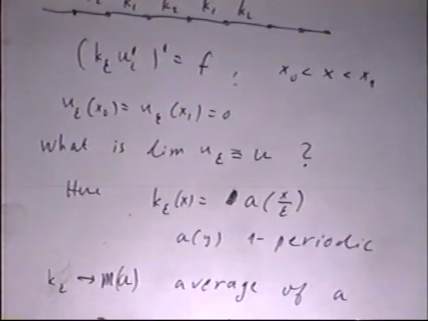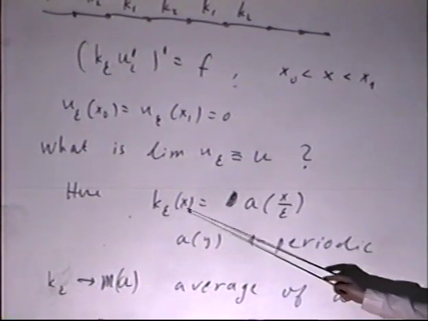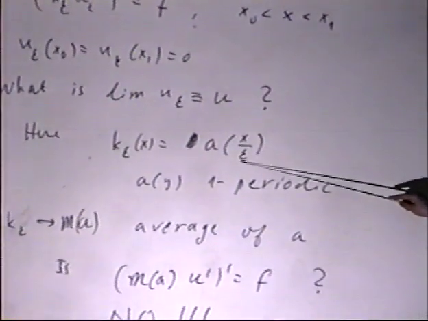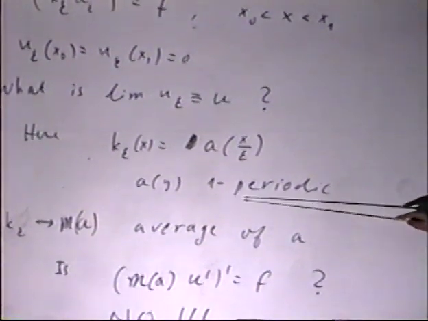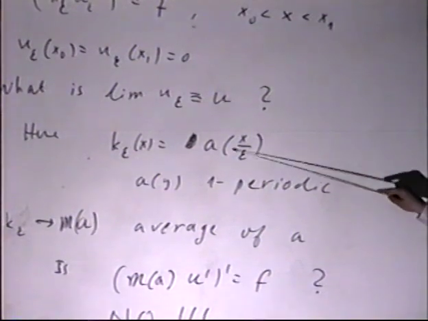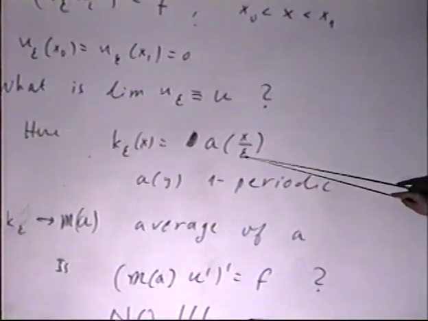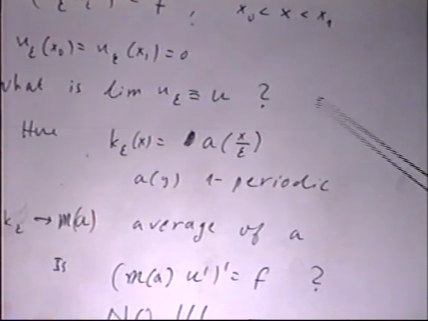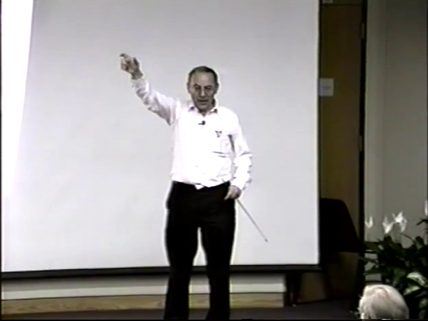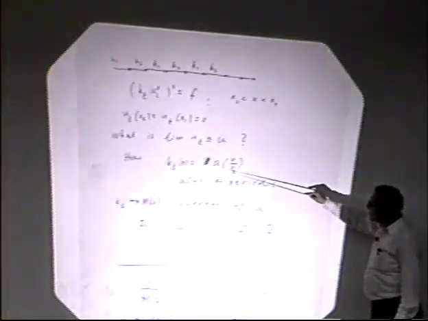A good guess might be that you look at this function k sub epsilon, which is a periodic function of period epsilon. So a of y is one periodic, and you can write it as a of x over epsilon to make the period of size epsilon. And a will take the value k1 or k2 in each period. Okay, so it's periodic. It has one value and then another value. Higher value, lower value, higher value, lower value. So in each period it will have two values, the higher and the lower.